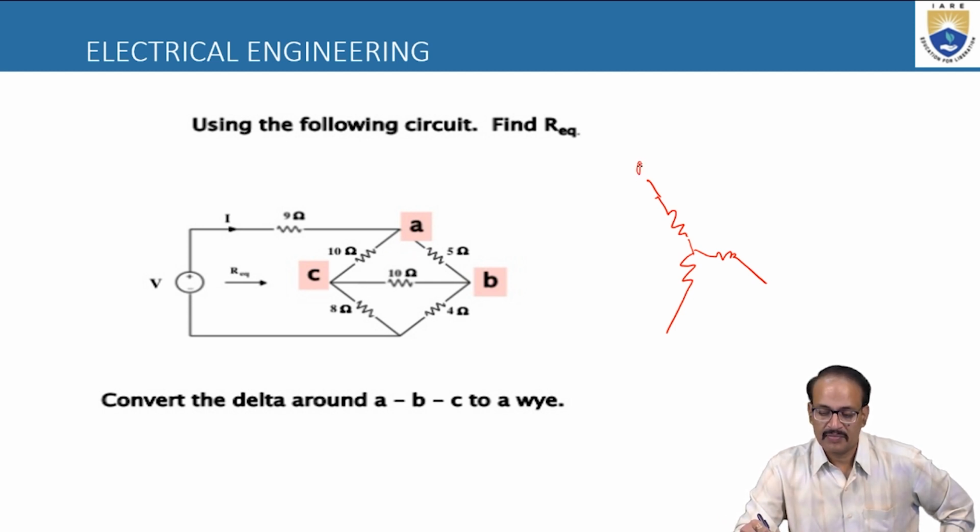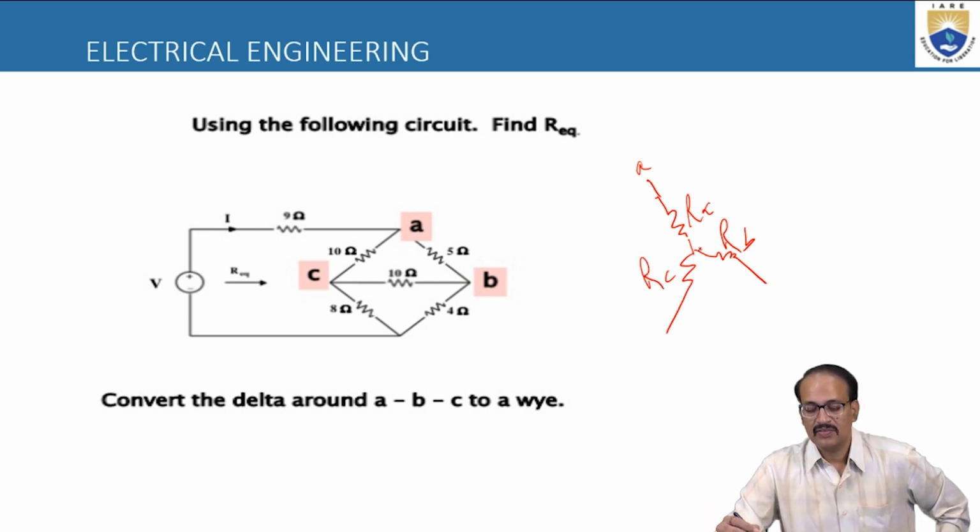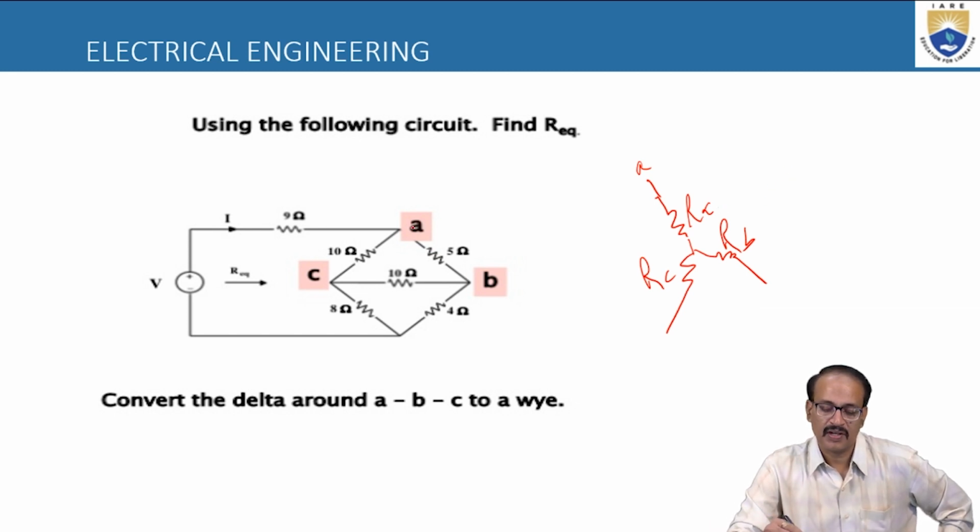So point A. Okay, so I want RA, RB and RC, that is, the resistors connected to these points. For RA, at this point I will see what resistors are connected in the delta.